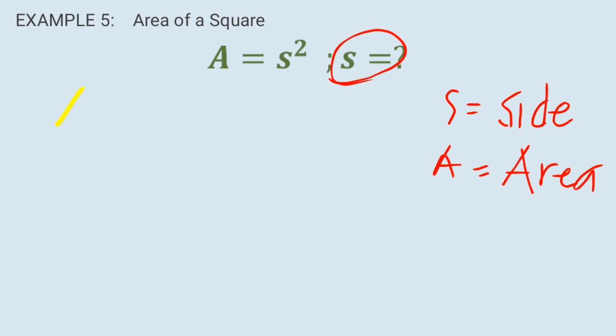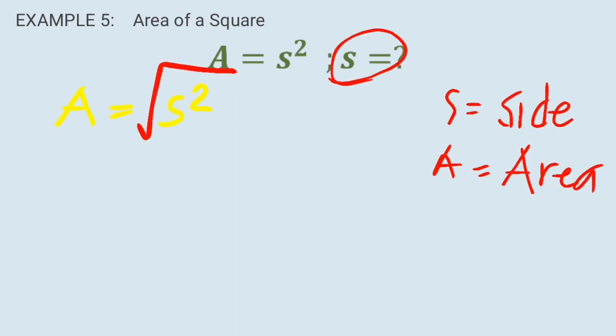Okay, A is equal to S squared. And we are asked for S, right? So if you observe here that 2 is an exponent or a square. So how are we going to eliminate that one? To eliminate that one, we have to take the square root.